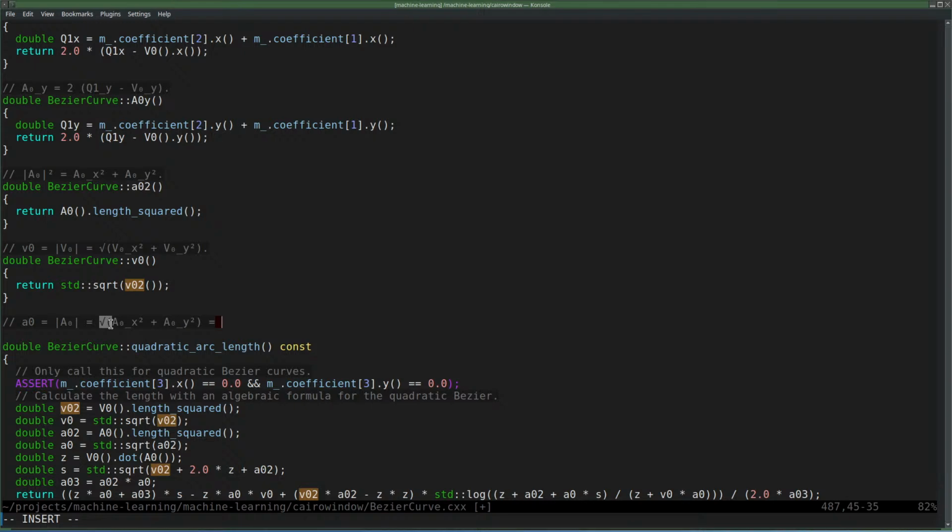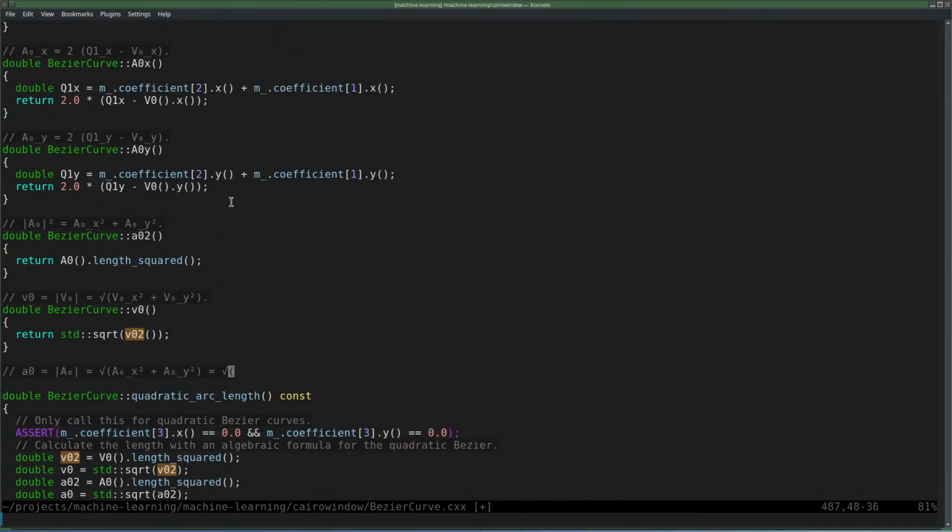Which is the square root of the square of this plus the square of this.